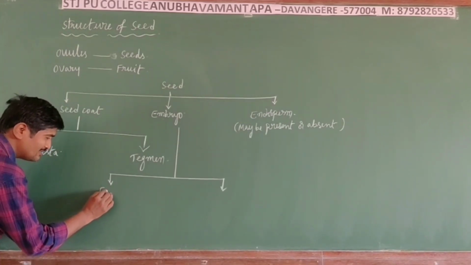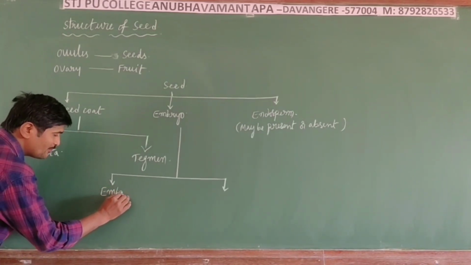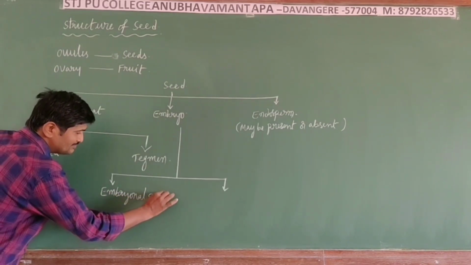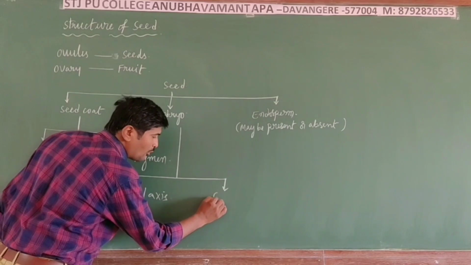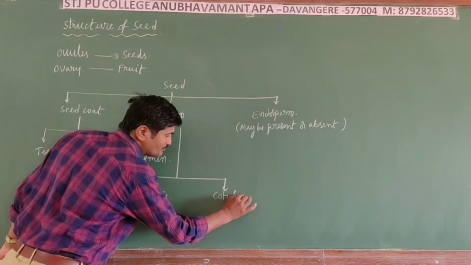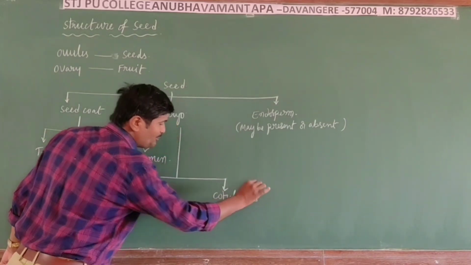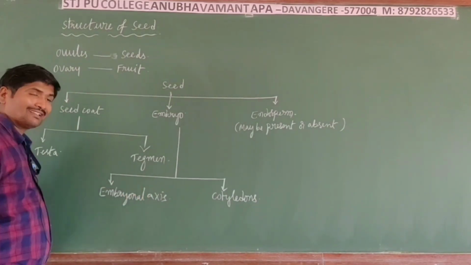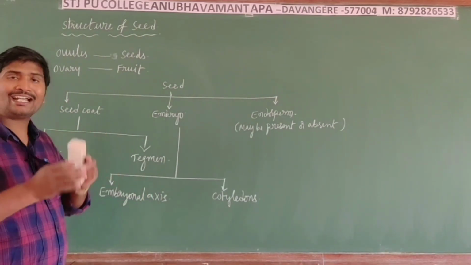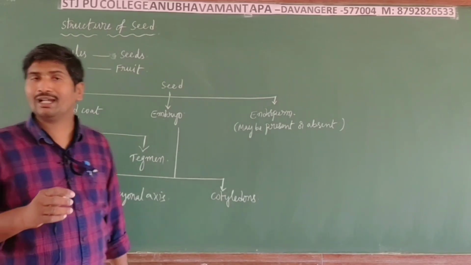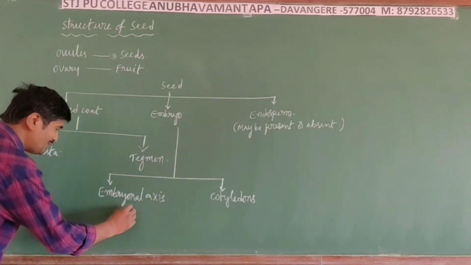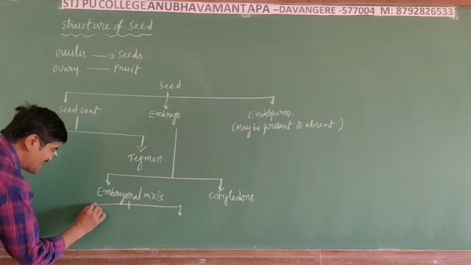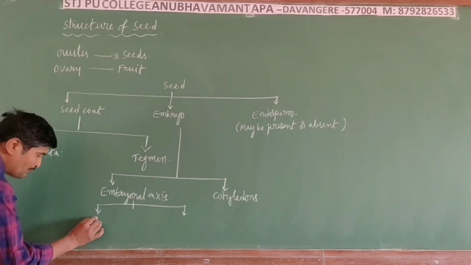One is the embryonal axis and the other is cotyledons. The embryonal axis is a cylindrical portion between the radicle and the plumule. That's why the embryonal axis further consists of two parts.